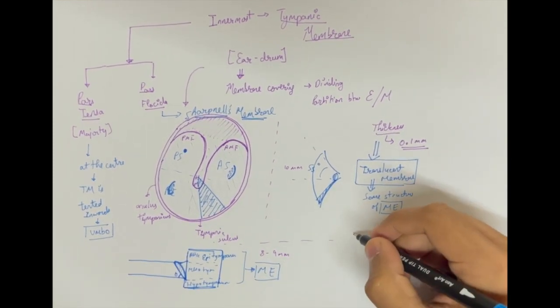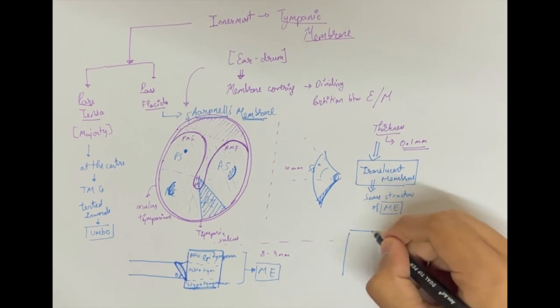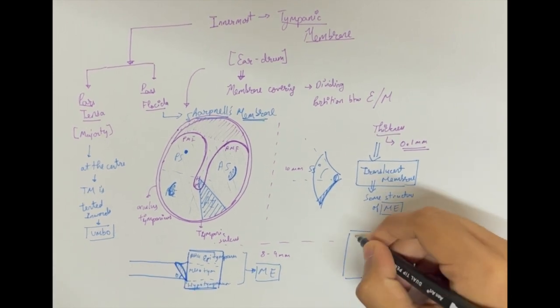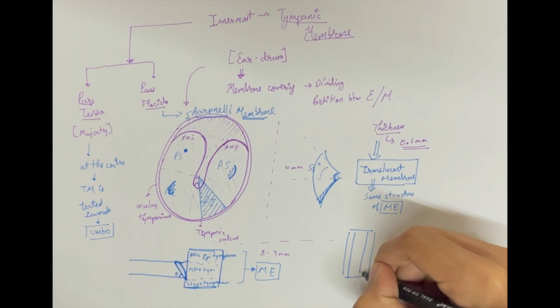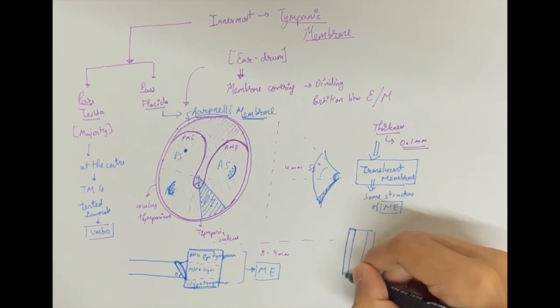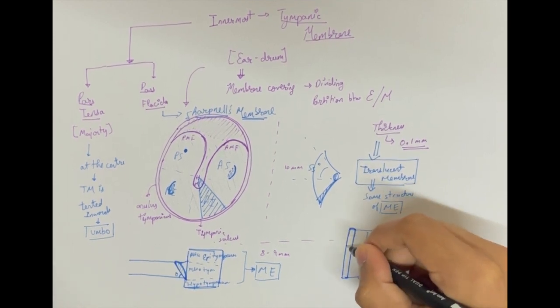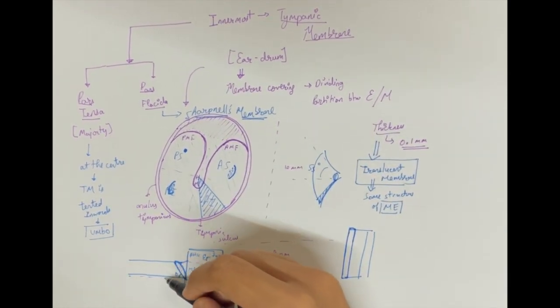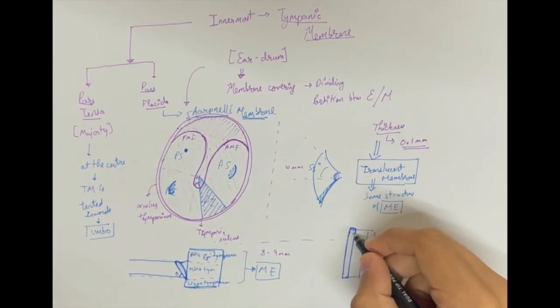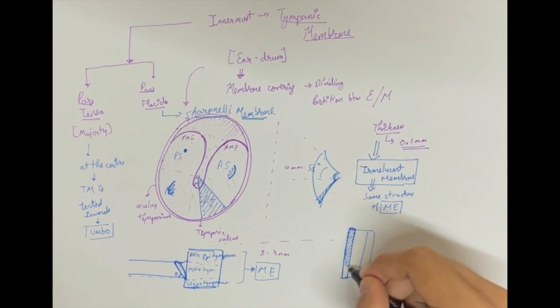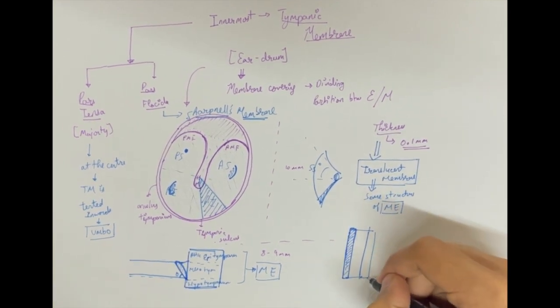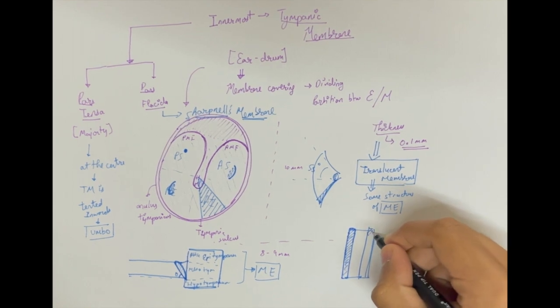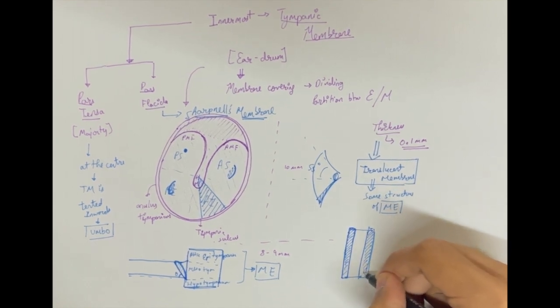Last point to note about the tympanic membrane regarding its thickness: it is formed by three coats. You have an external covering of the skin which is lining the external auditory canal. We have the inner aspect, which is the mucosa lining the middle ear.